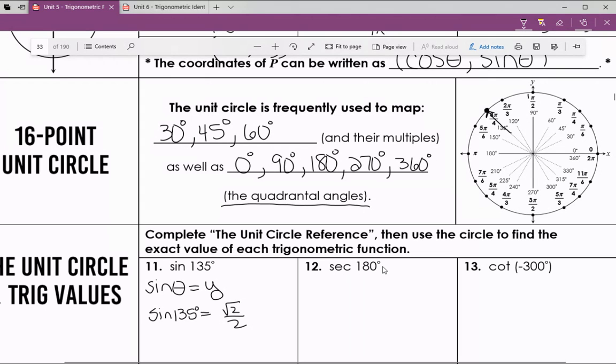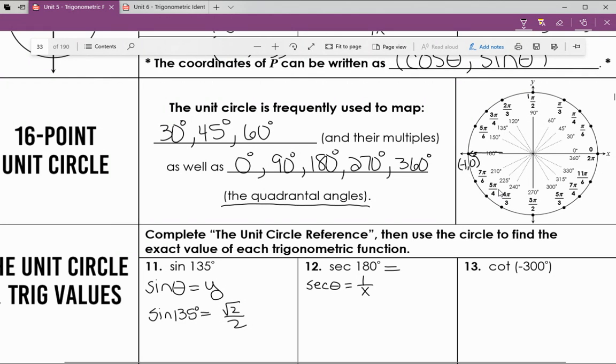Now, secant, if you go back and look, secant of any angle on a unit circle is equivalent to 1 over x. Do y'all agree? Okay. So since they want secant at 180 degrees, this time I'm going to come to the point associated with 180 degrees. That is -1, 0.